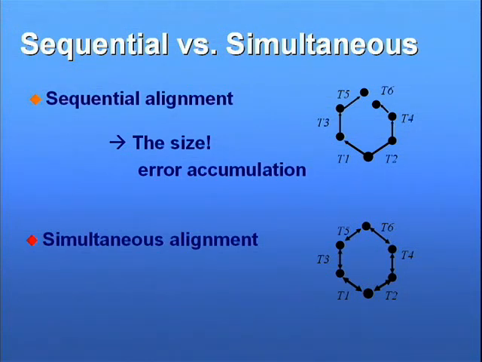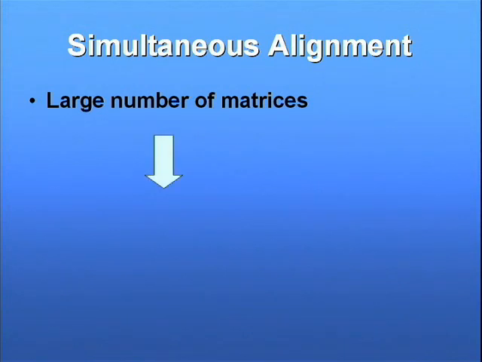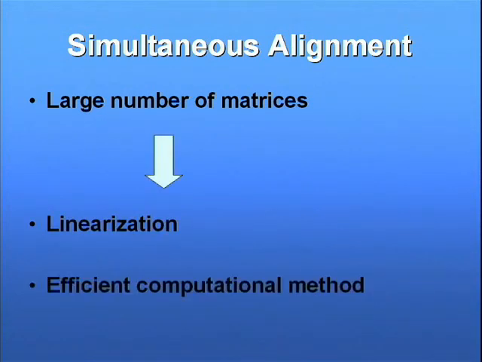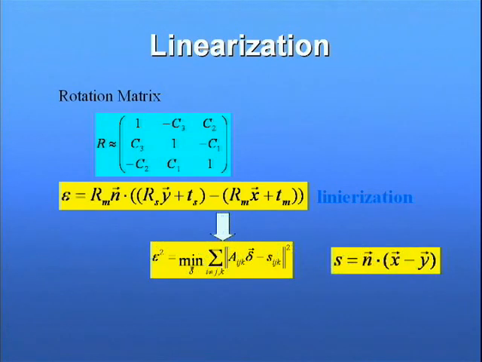But again, this involves a large matrix, and so we need localization and an efficient computational method. So linearization: basically cosine becomes 1 and sine becomes theta, something like this, and we linearize. And of course, this linearization only works when the initial solution is correct.